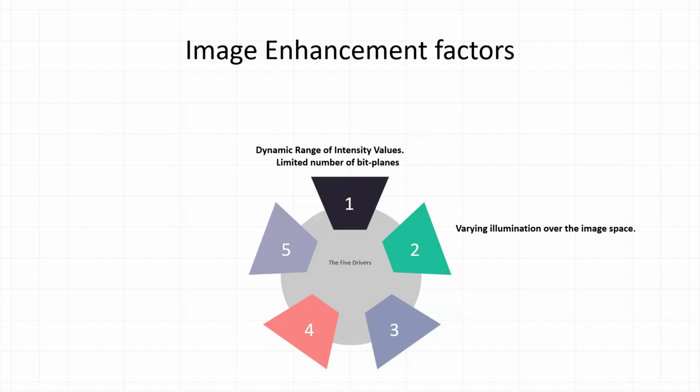The second one is varying illumination over the image space. I have already informed you in the beginning, in image acquisition, that illumination is just like a flash device for flashing light while we are taking an image or capturing a photo.